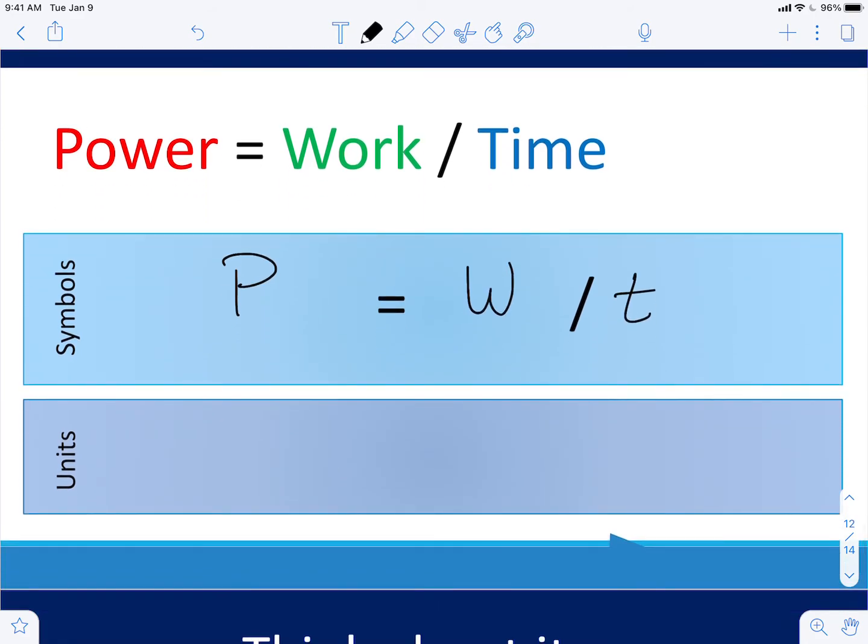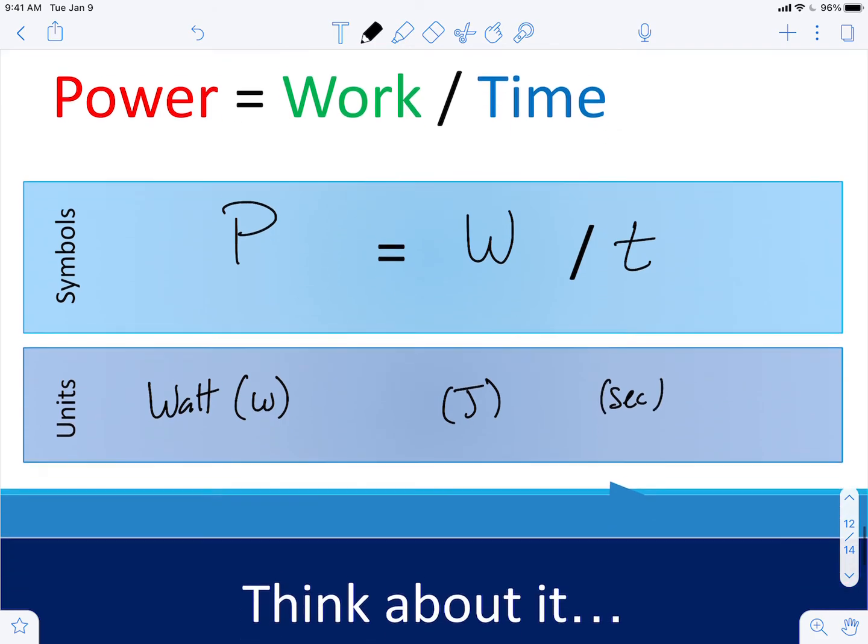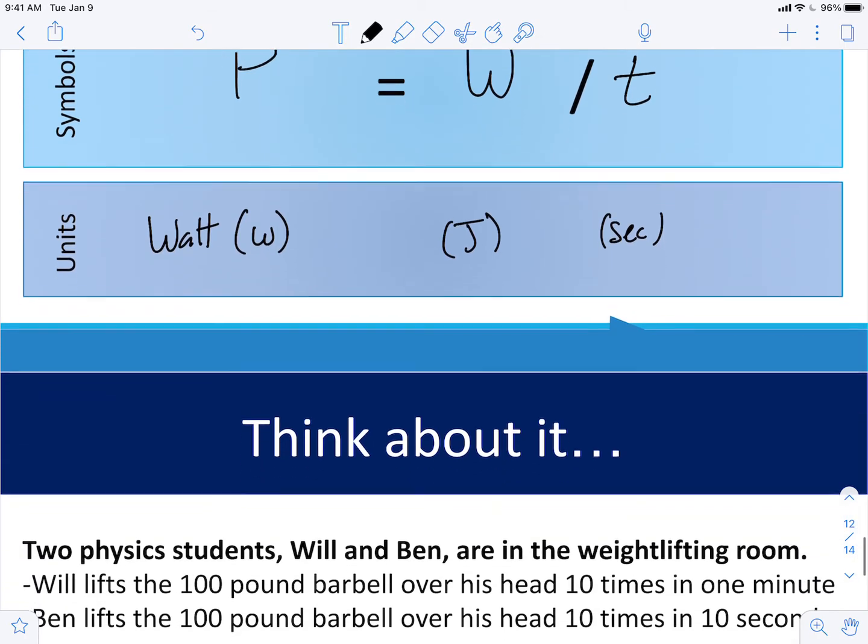The unit for power is a watt, and you could just capitalize that by capital W. I know it gets confusing with work, but look to see if it's a unit or a quantity. And then, of course, we have our work, which is measured in joules, and our time is in seconds. So these are the units that we're going to be coming back to in order to identify power.